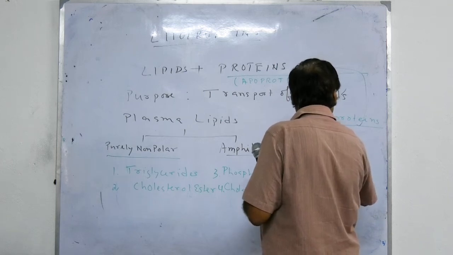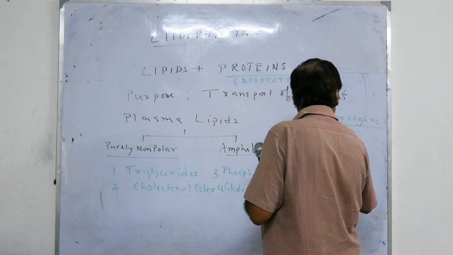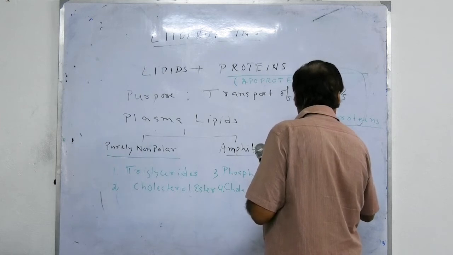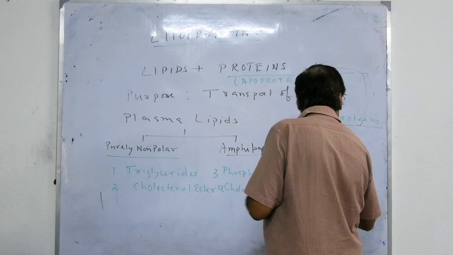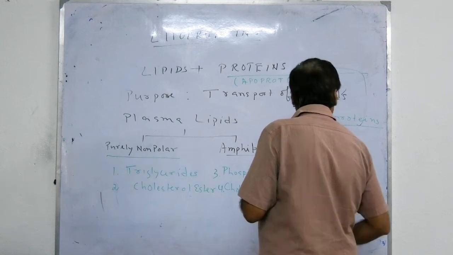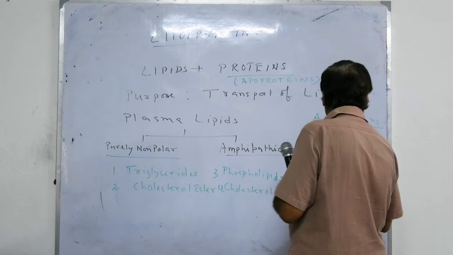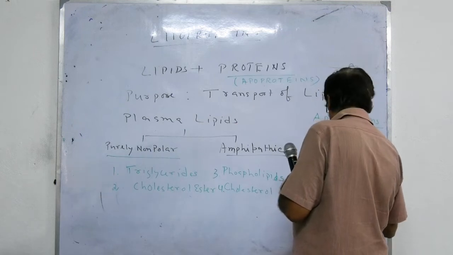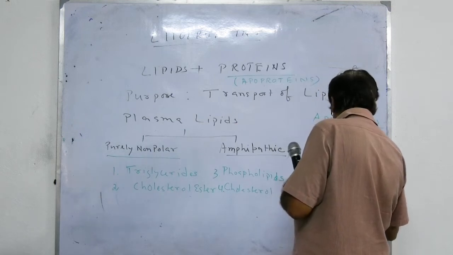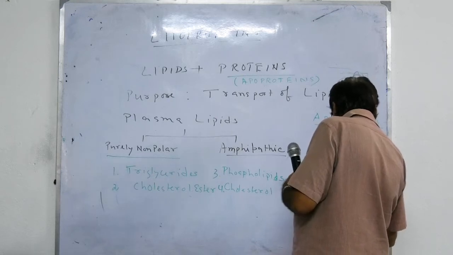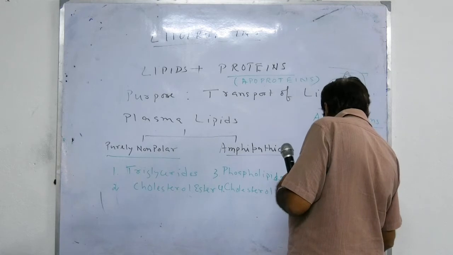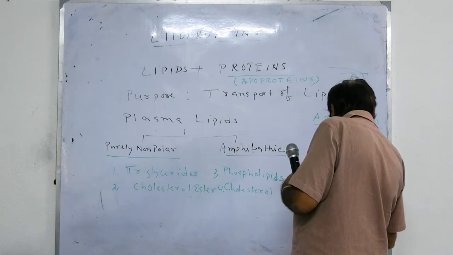And A is again divided into A1, A2, A4. There is no A3. B, there are two B: one is 48, another is 100. There are three C: C1, C2, C3.